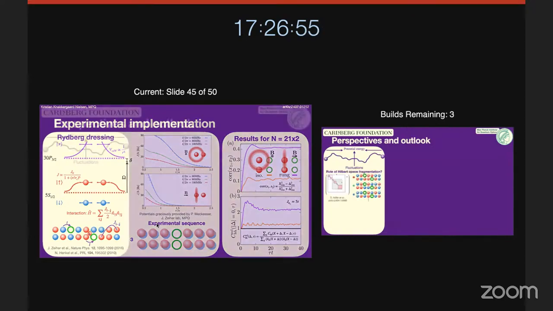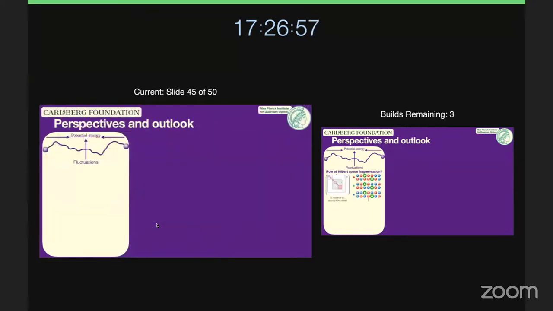Okay, and let me end my talk with a few perspectives. What you've seen is a very simplistic example where the pairing of particles does not come from the energetics pushing them together, but from fluctuations in the potential energy.